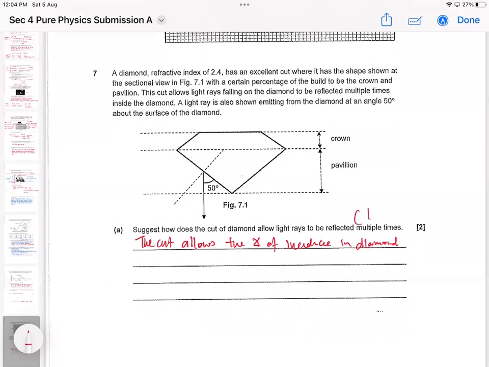The diamond is also normally what we call the denser medium, because TIR only occurs in the denser medium. So in this case, the diamond means the denser medium.